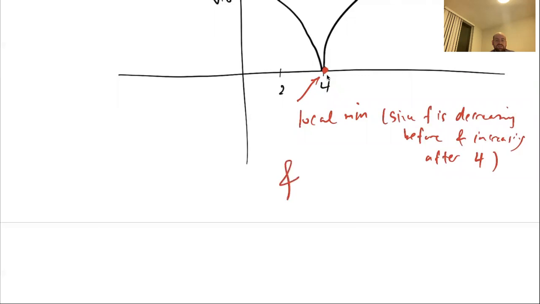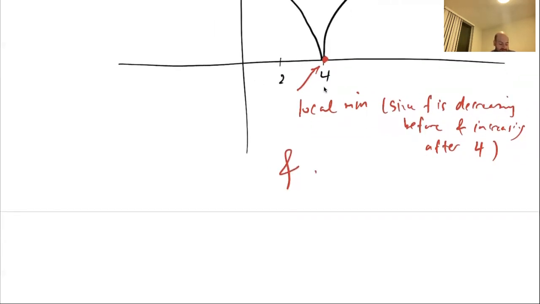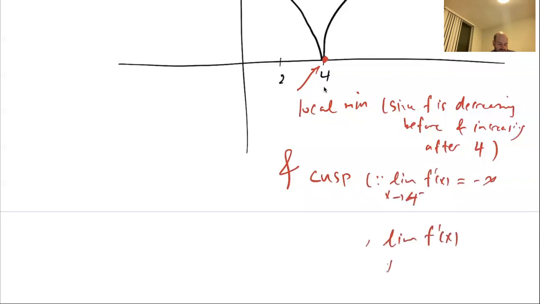But in addition to being a local minimum, this number 4 is also a cusp, because the limit of f prime of x as x goes to 4 from the left was minus infinity, and as x goes to 4 from the right is plus infinity.